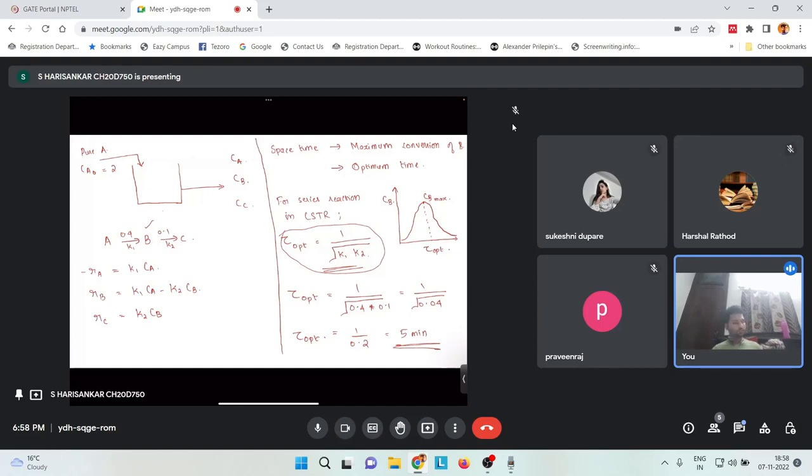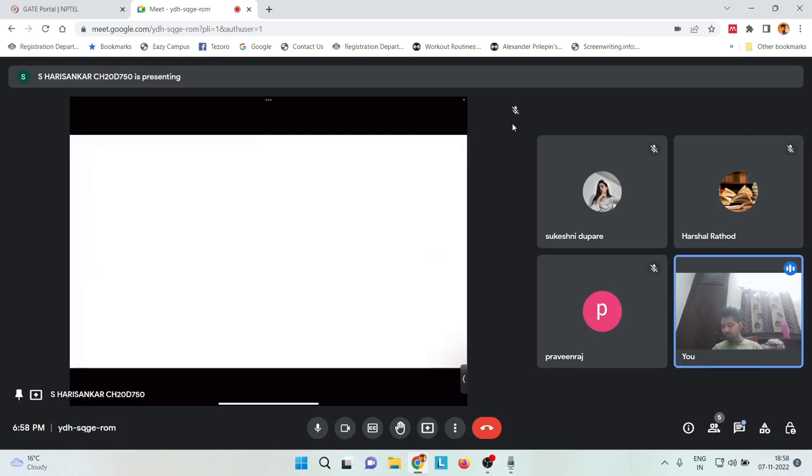Okay, so now we can write the design equations for our system. What we need to find here is the yield of the intermediate product B, which has been given as RB by minus RA.